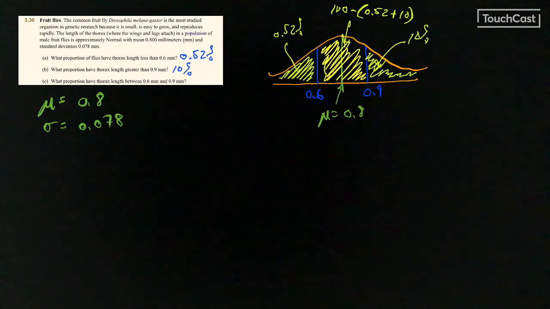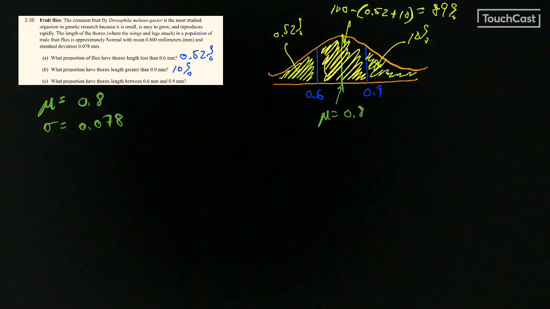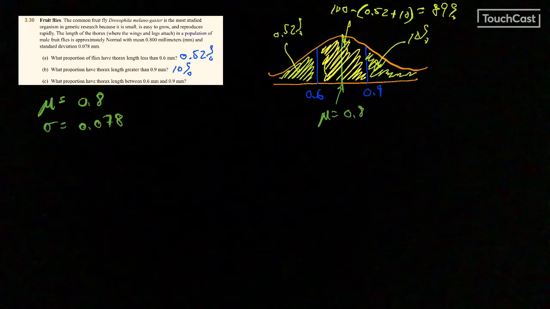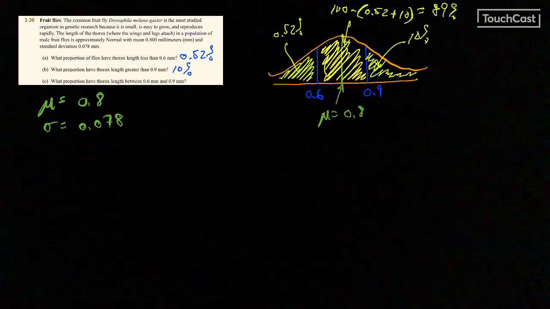And so if I do the math on this, I'm going to get 0.52 plus 10, and I'm going to do 100 minus 10.52, and that is roughly 89%. So 89% of the population in this study had a length between 0.6 and 0.9 millimeters.